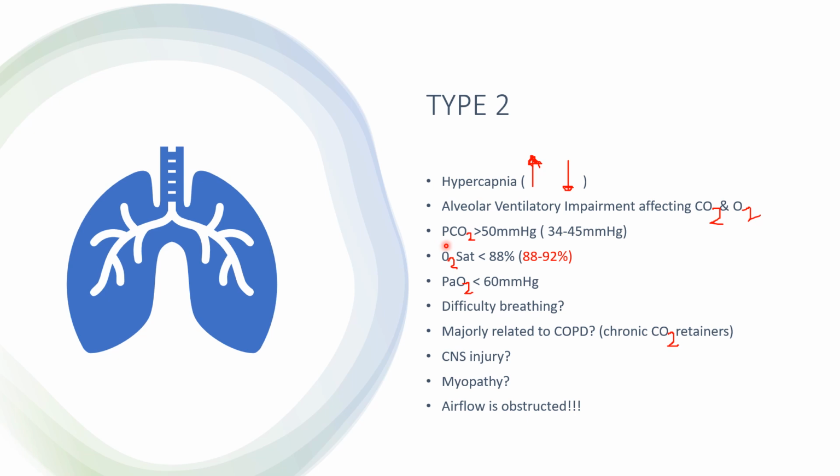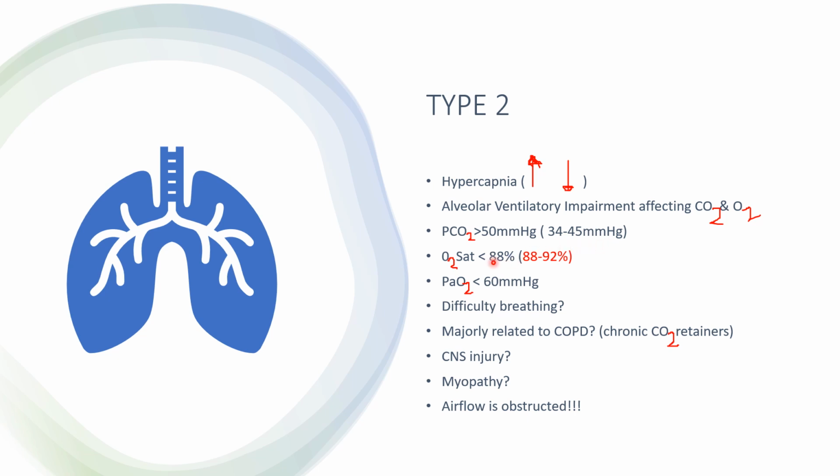Like I've said earlier, we are retaining more carbon dioxide. So the level of carbon dioxide will rise. The pressure of CO2 will be greater than 50 millimeters of mercury. Normally, it should be between 34 and 45 millimeters of mercury.